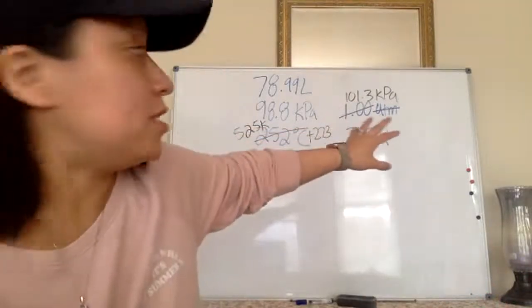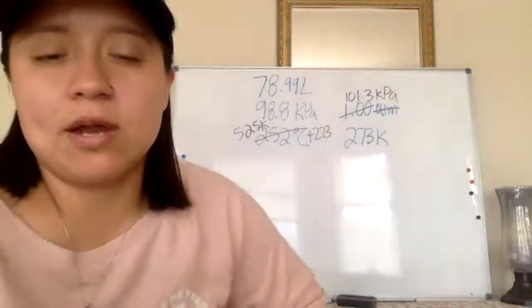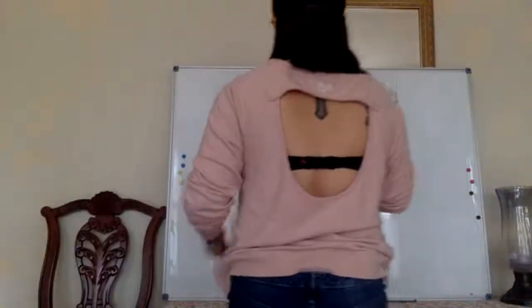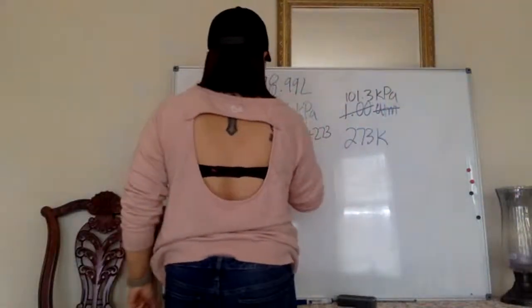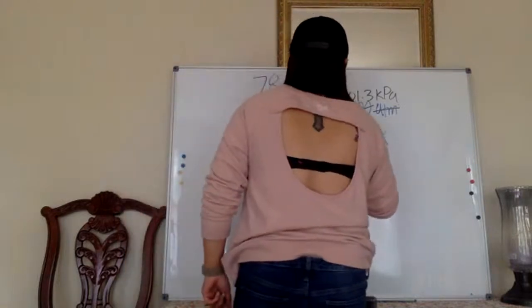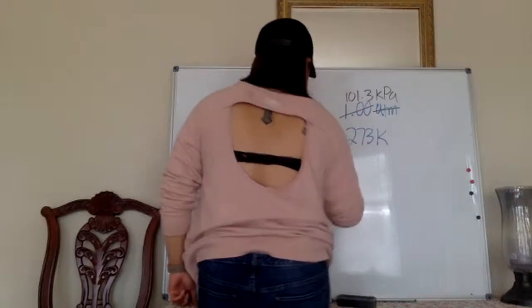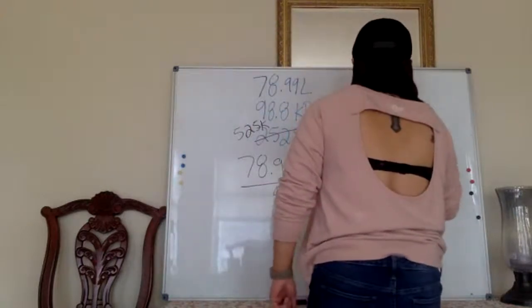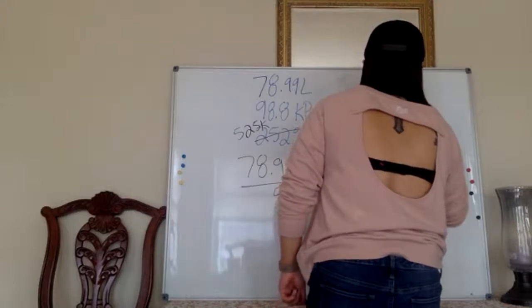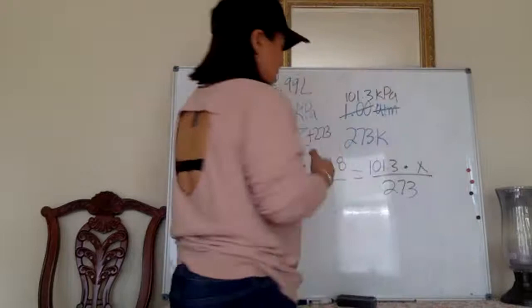So now you guys know this is how you would set this one up, okay? I care more about the setup. Obviously it's volume times pressure over temperature, so it's 78.99 times 98.8 divided by 525, that is equal to 101.3 times X over 273, okay?